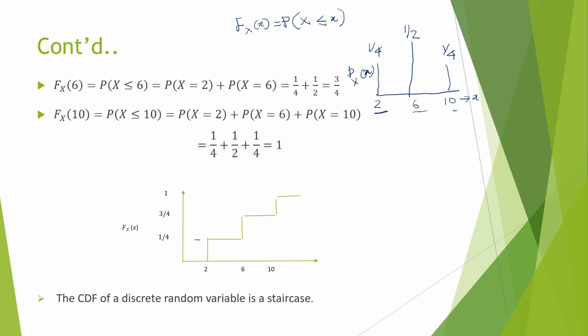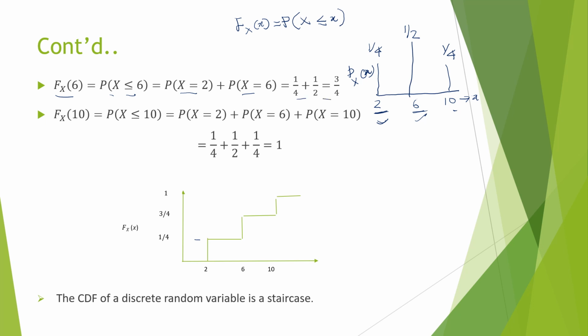The CDF of 6, that is F_X(6), is nothing but the probability of X less than or equal to 6. This involves two terms, that is probability of X equal to 2, that is here, and probability of X equal to 6, that is here. If we add them, we get 3 by 4.